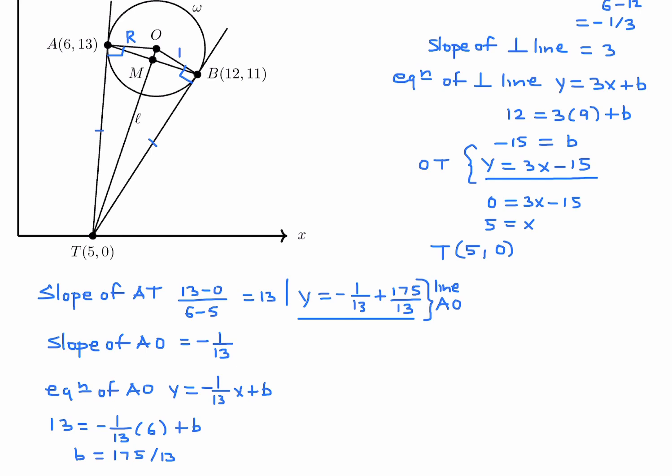And we want the intersection point, because the intersection point is going to be O. So for the intersection, you set them equal to each other. -1/13 x + 175/13 is equal to 3x - 15.